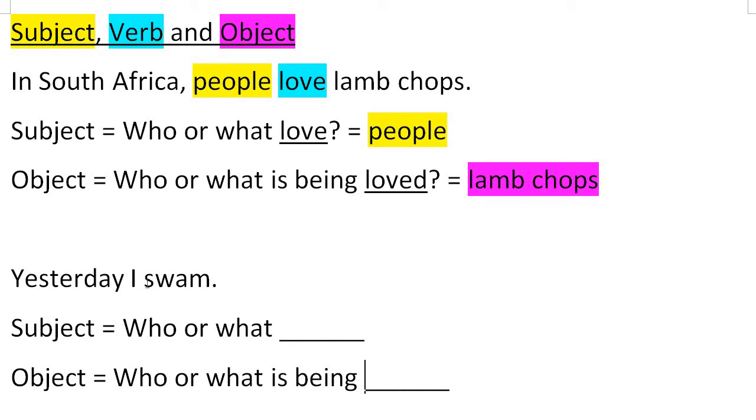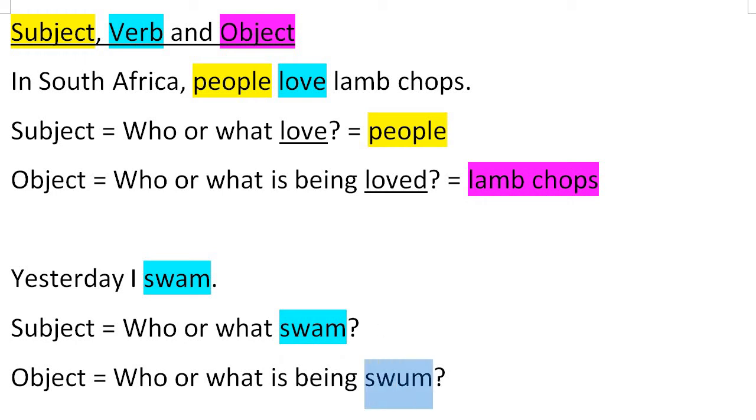All right, what is the verb? Swam. Okay, yesterday I swam. So let's put that in there. Who or what swam and what is being swum. All right, so there is our verb, and that will help us to find your subject and your object.